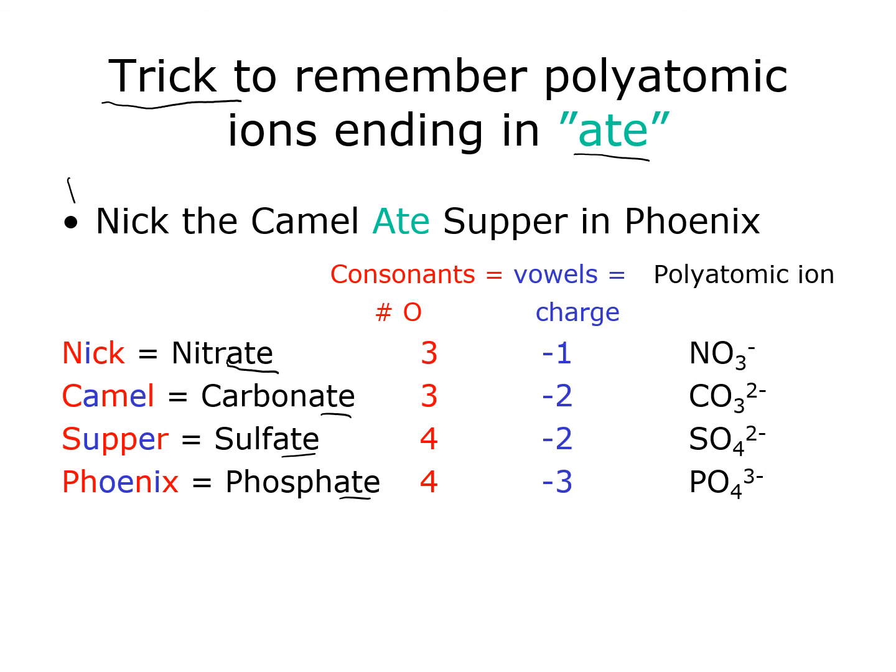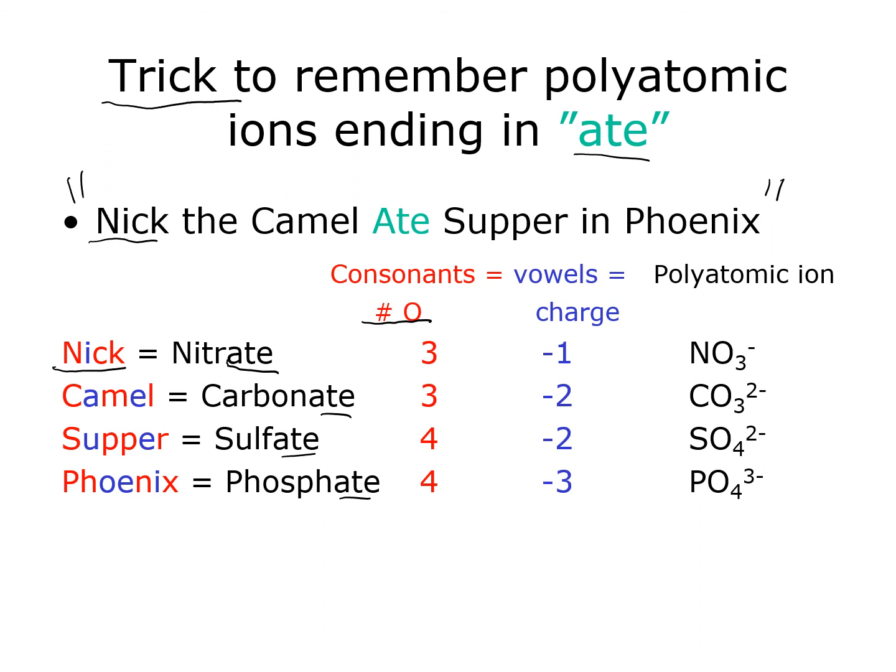The sentence is, Nick the camel ate supper in Phoenix. And how this works is the word we have in the front, the name Nick. Notice when it's drawn down here, the consonants are written in red and the vowels are written in blue. The consonants represent the number of oxygens that are going to be in your polyatomic ion.